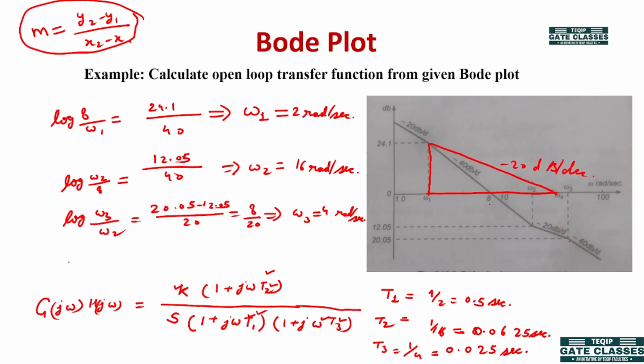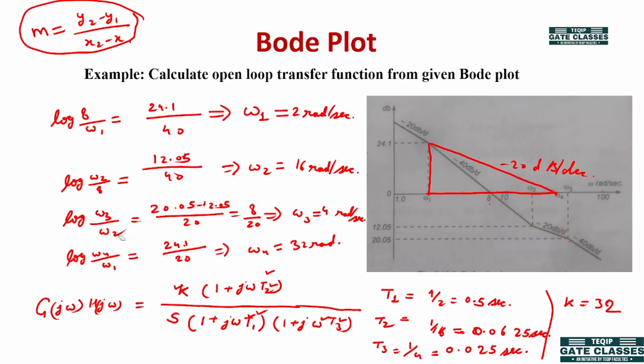So omega 4 by omega 1 is equal to, this is 24.1 minus 0 divided by 20. If we solve this, we get omega 4 is equal to 32 radians per second. So our K is equal to 32.